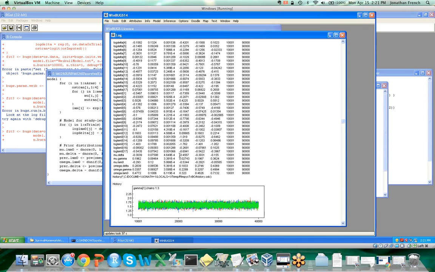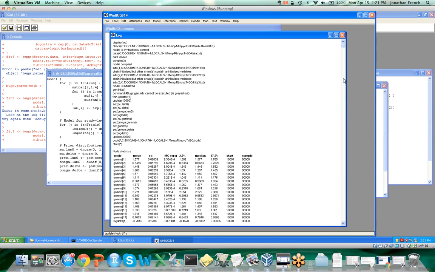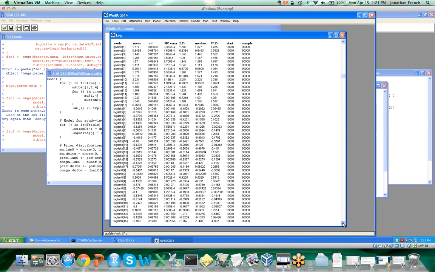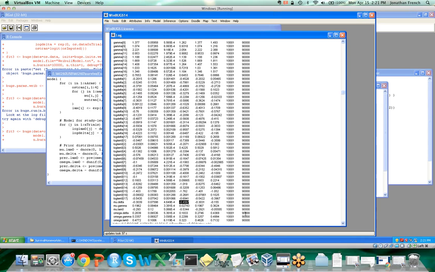The posterior credible interval, let me just make sure I'm looking at the right columns here. No, I wasn't. So we have the posterior median difference in the event rates to be about minus 0.3, with a credible interval going from about minus 0.46 to minus 0.16.